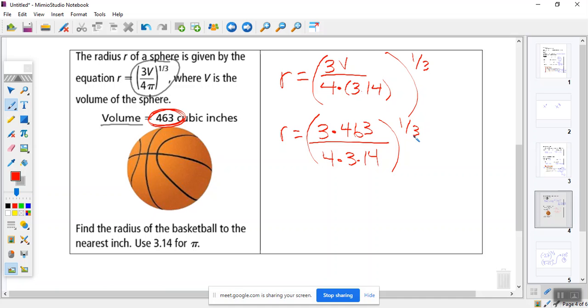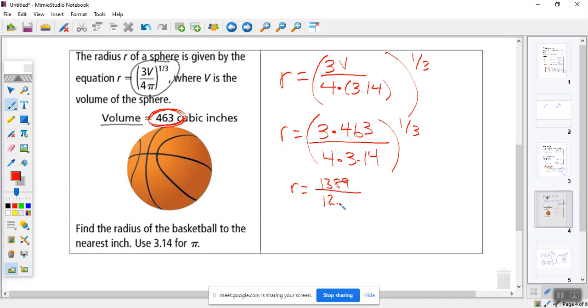All right, who has a calculator for me? We want to punch up 3 times 463 up top. 1,389. 1,389, Sam? Yep. Okay, got 1,389. This, what's 4 times 3.14 in the bottom? You get 12.56 for that?